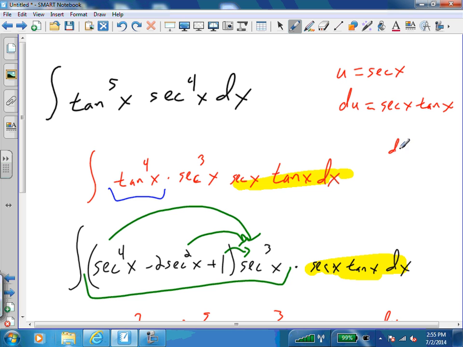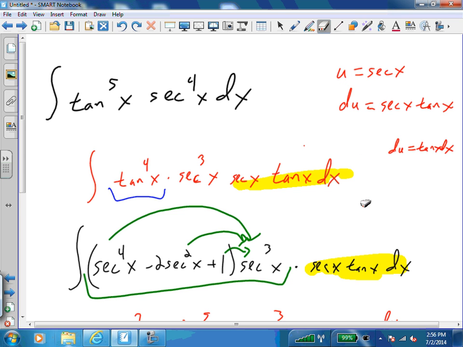If du is tangent x dx, what function has a derivative of tangent? It's actually negative natural log absolute value of cosine, which we don't have. So that's why.